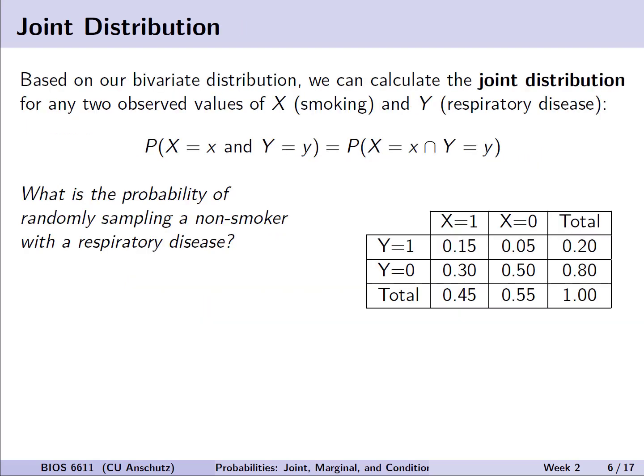First, let's introduce the idea of a joint distribution. Based on our bivariate distribution, we can calculate the joint distribution, or joint probability, for any two observed values of smoking and respiratory disease.